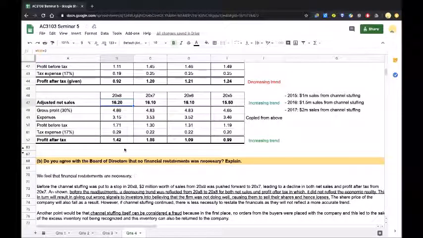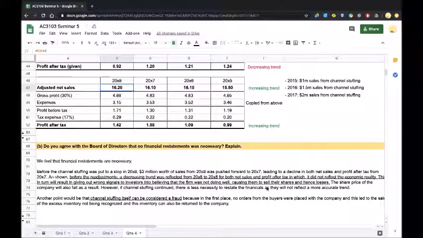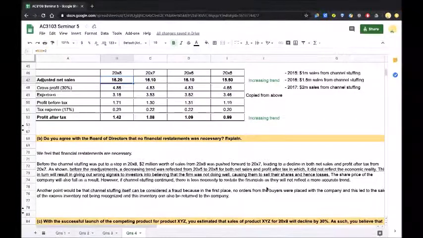However, for actual sales, the profit after tax shows the opposite trend, which is increasing. So if we don't restate the financials, it will not reflect the economic reality. And the consequence of this is that it might give investors wrong signals into believing that the firm was not doing well, and this will affect the share price of the company.